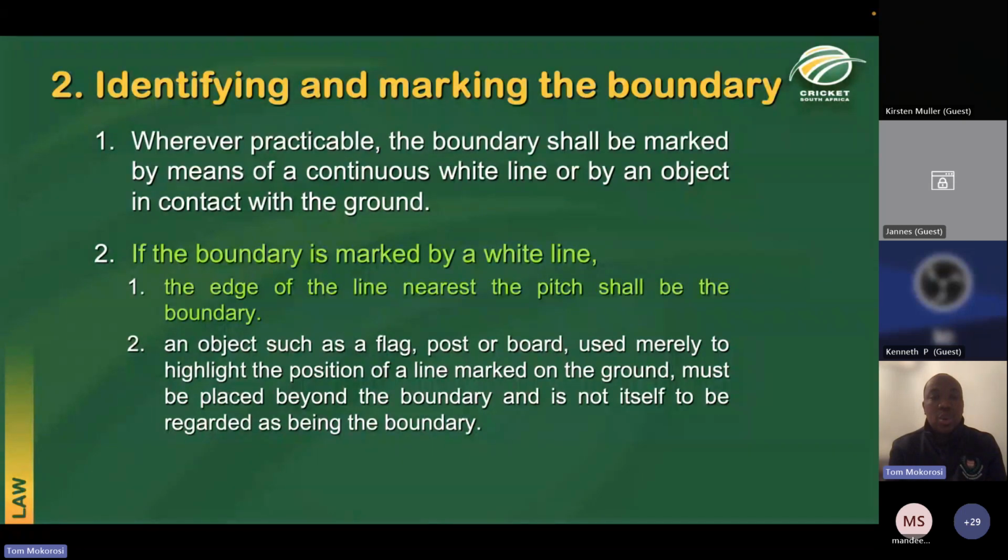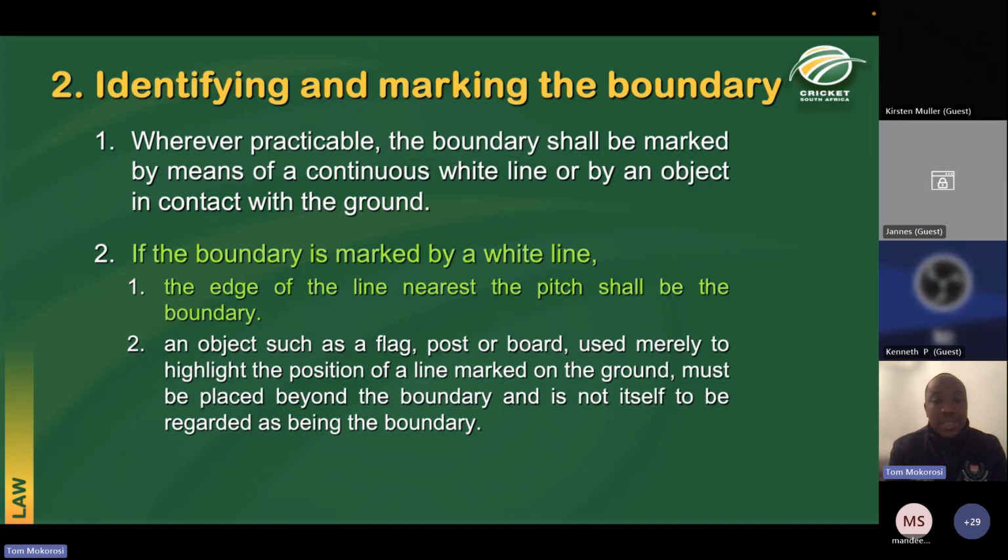Law says that an object such as a flag, post, or board used merely to highlight the position of a line marked on the ground must be placed beyond the boundary. So this is not similar to a boundary cushion.